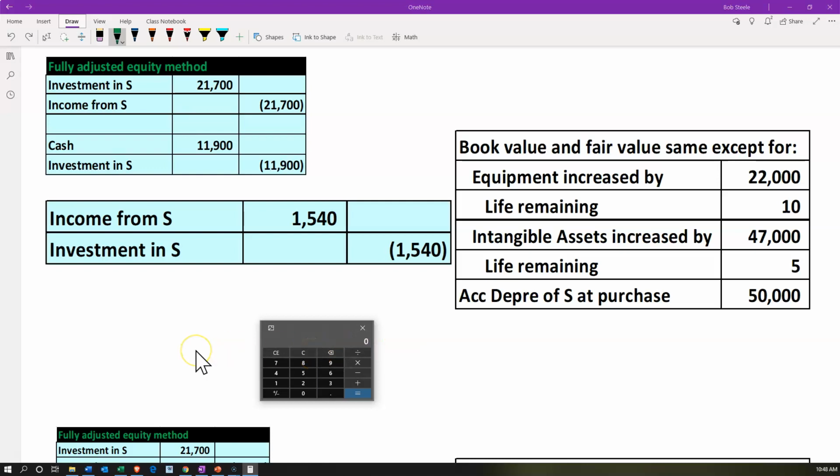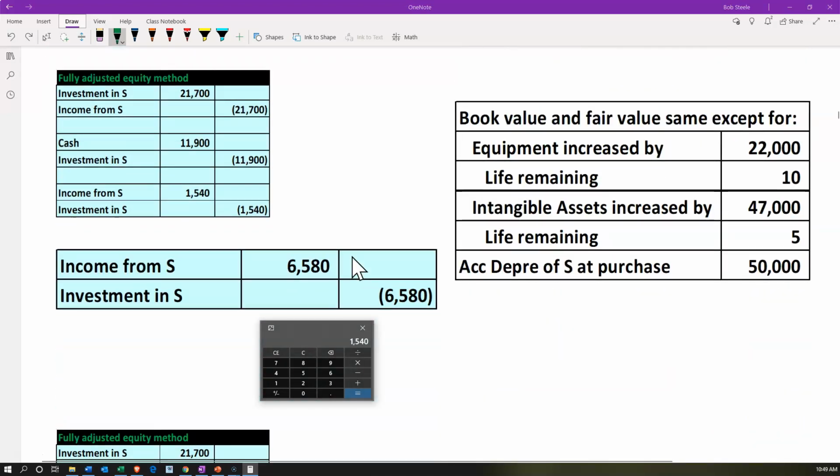We're going to say by a straight line 10-year useful life. So I'm going to take the 22,000 divided by 10, and then times 0.7, our percent. That's going to be the 1,540. That means the income that we're putting on the books for S, reflected by P, is going to be decreased by the 1,540, and then the investment asset side is going to be decreased.